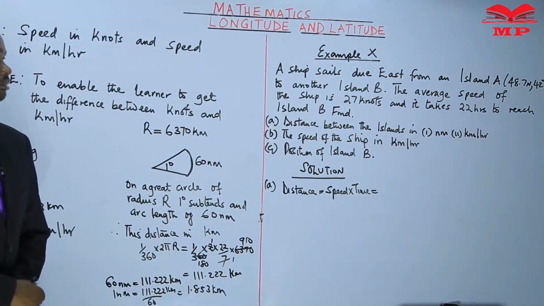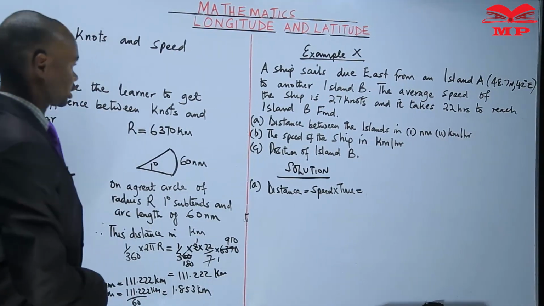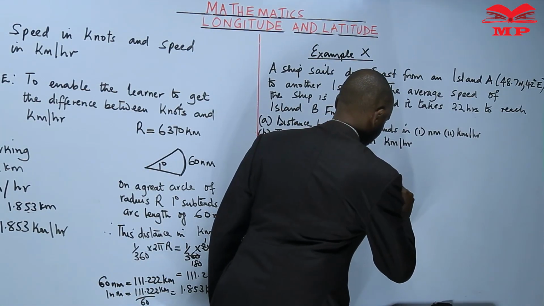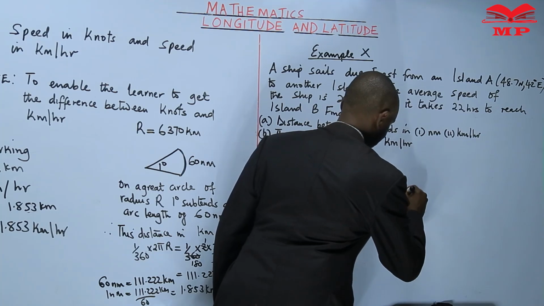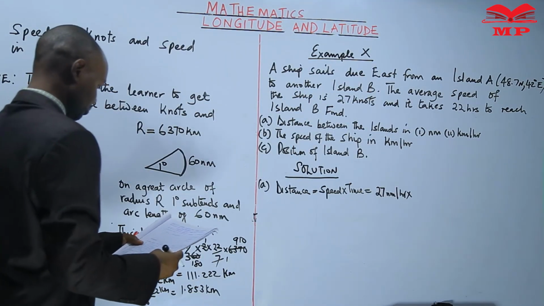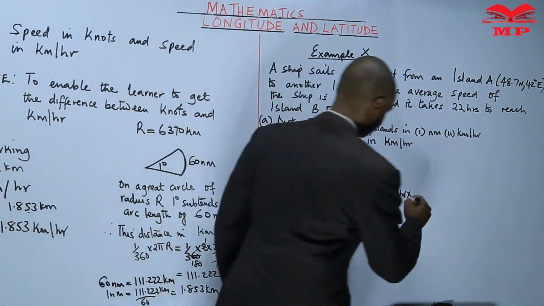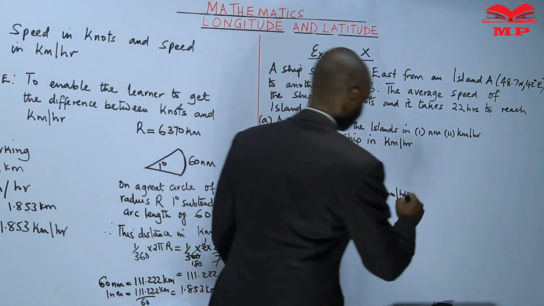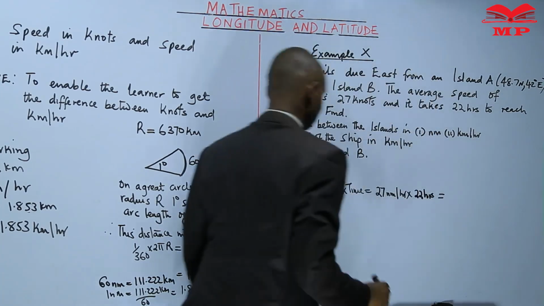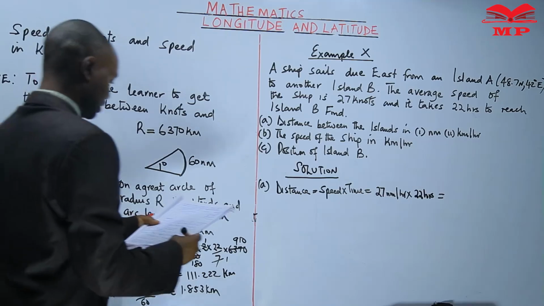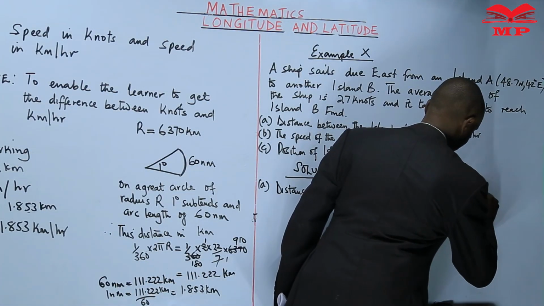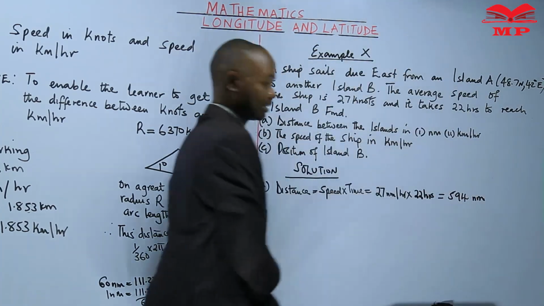The speed is already given as 27 knots, which is 27 nautical miles per hour, times 22 hours. So learner, on working that out, you'll get 594 nautical miles.